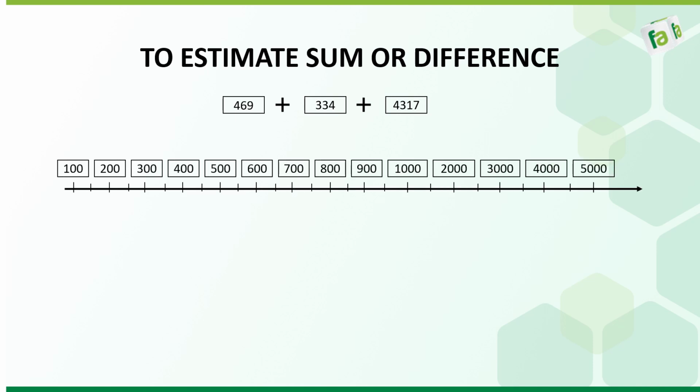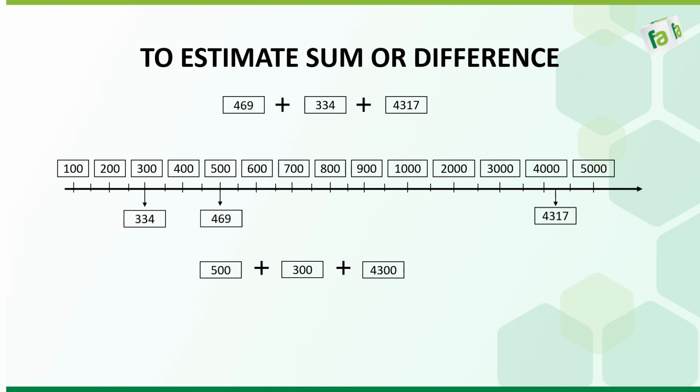Round off to the nearest hundred. 469 is nearest to 500. 334 is nearest to 300 and 4317 is nearest to 4300. So, the estimated sum is equal to 5100.